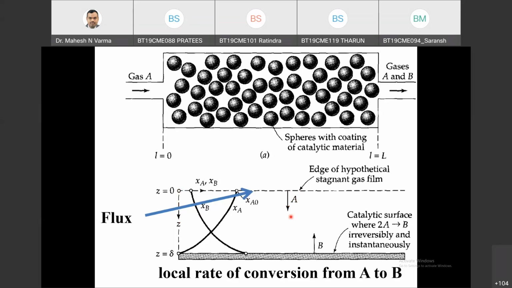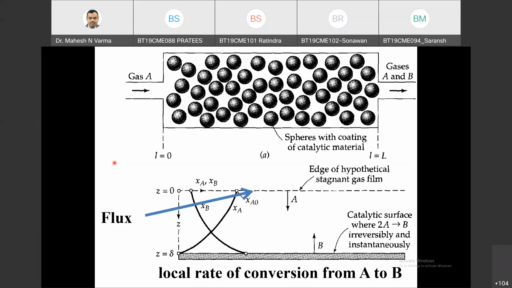In which direction will there be variation in concentration, the overall variation in concentration? In which direction are you expecting variation in concentration, X, Y, Z?